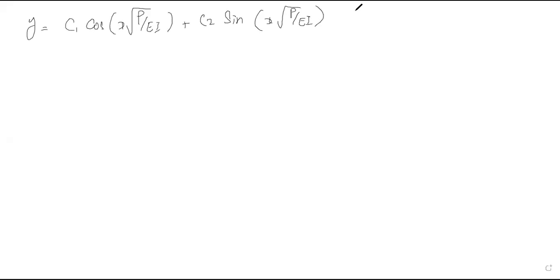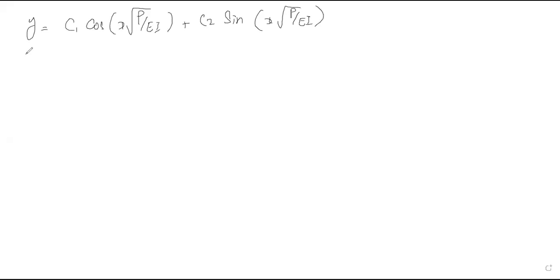That is y is equal to C1 cos x into root under P by EI plus C2 into sin x into root under P by EI plus M naught by P.